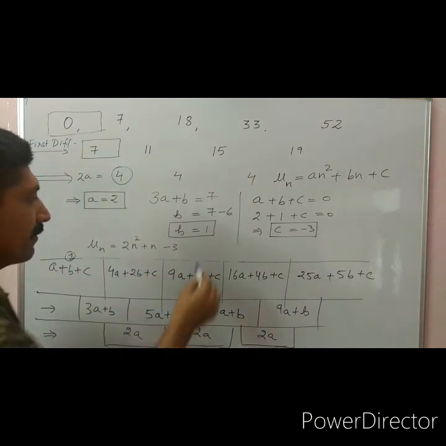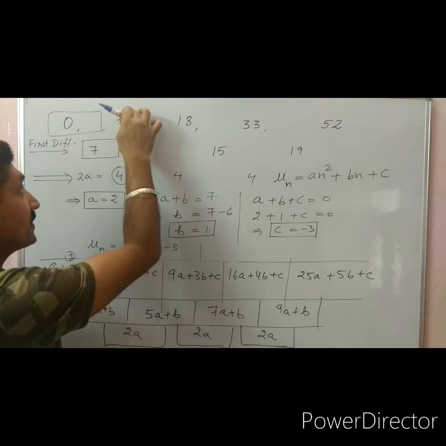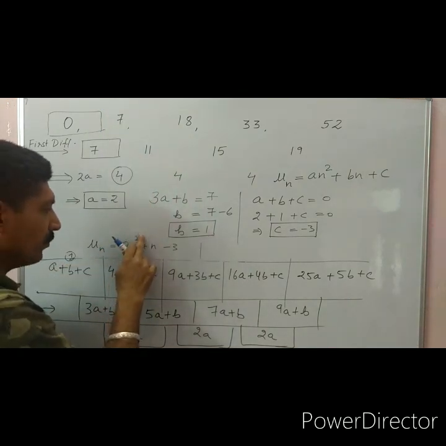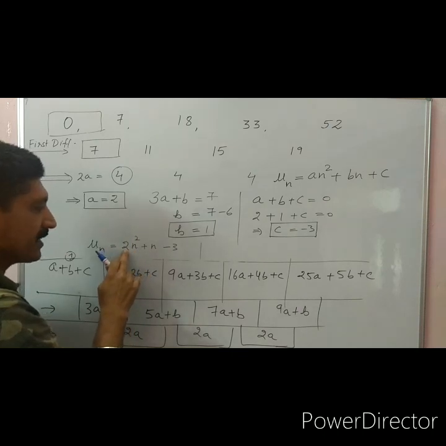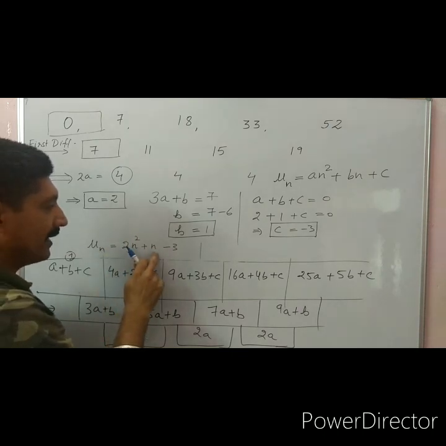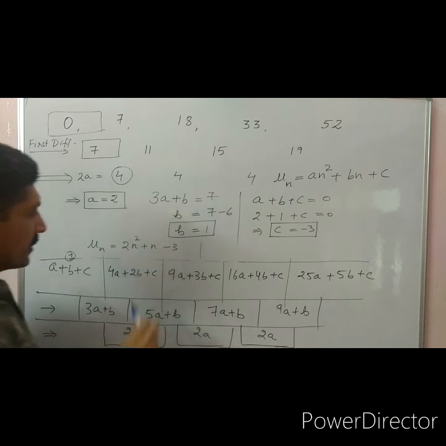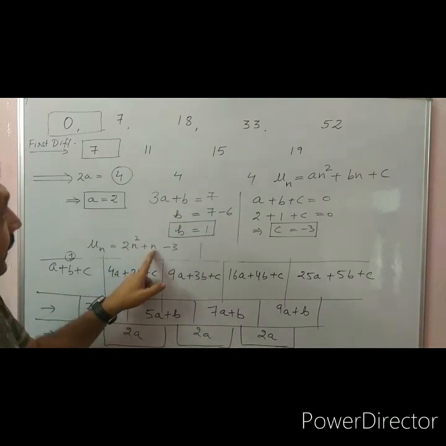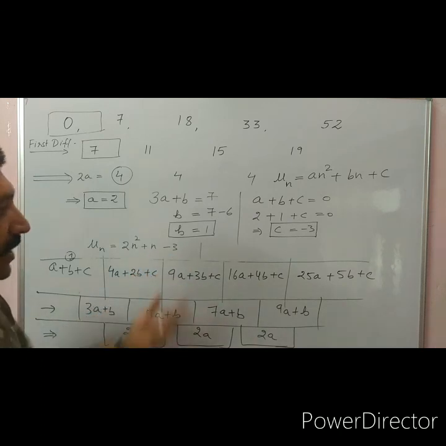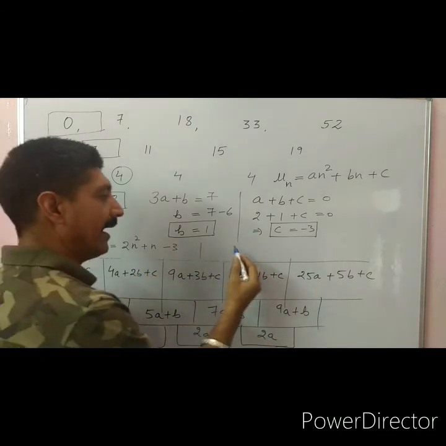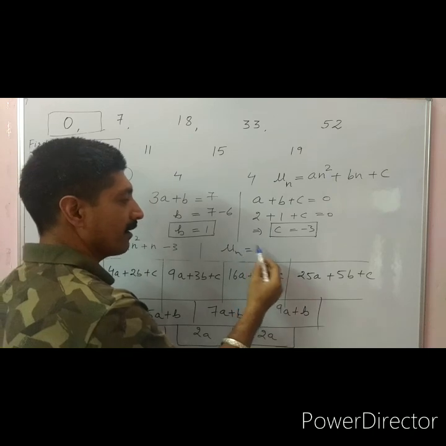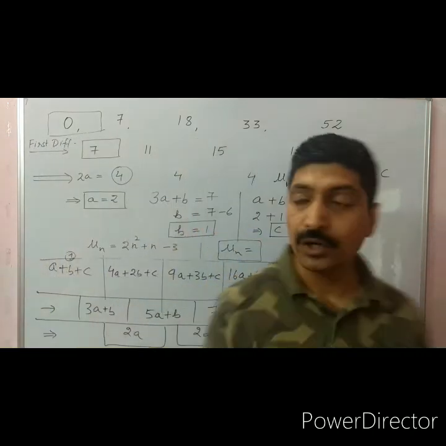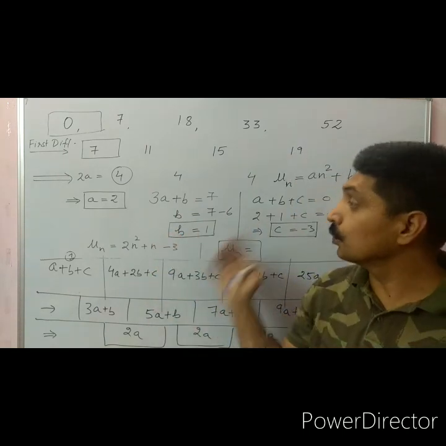If n is 2, the second term is 7, let's check. 2 square is 4, 4 into 2 is 8, 8 plus 2, 10, 10 minus 3 is 7. So we can find the nth term of the given sequence by using the quadratic rule.